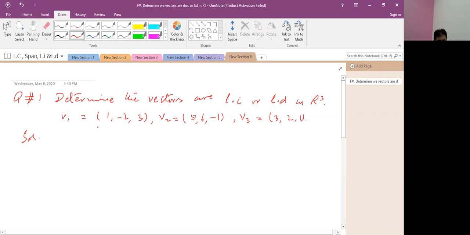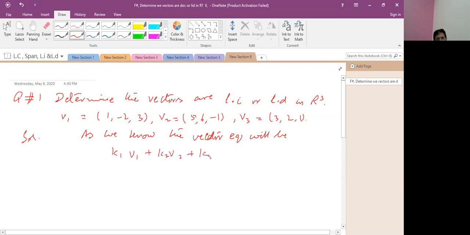As we know, the vector equation will be K1 V1 plus K2 V2 plus K3 V3 equals 0.